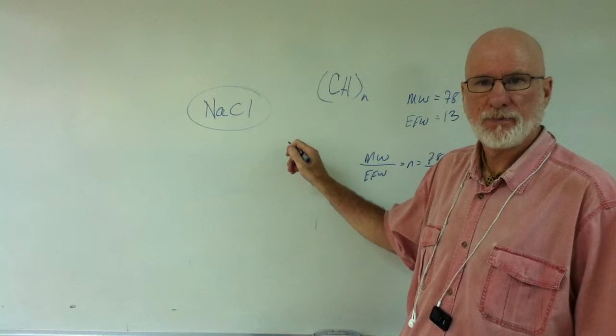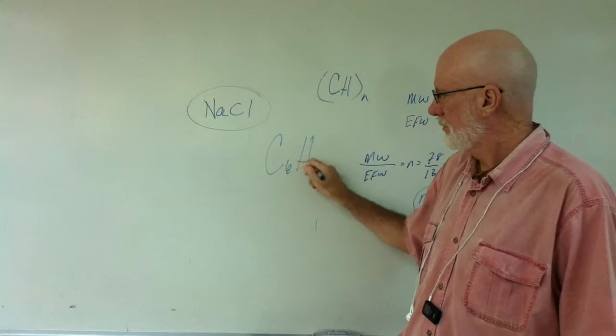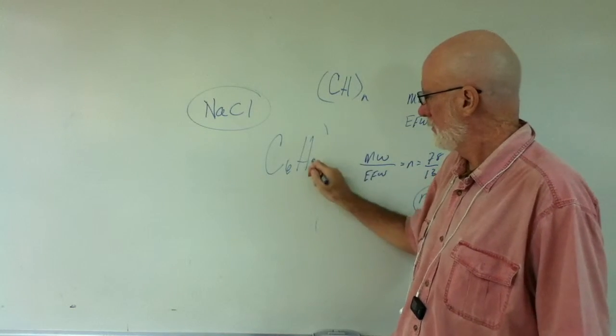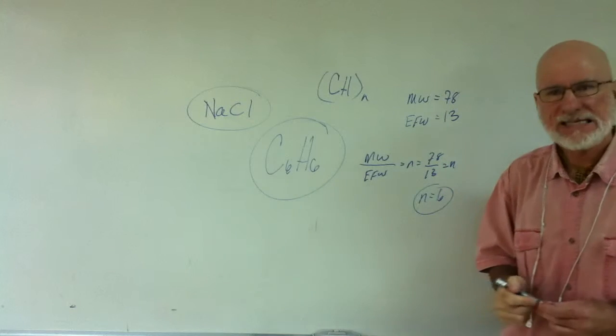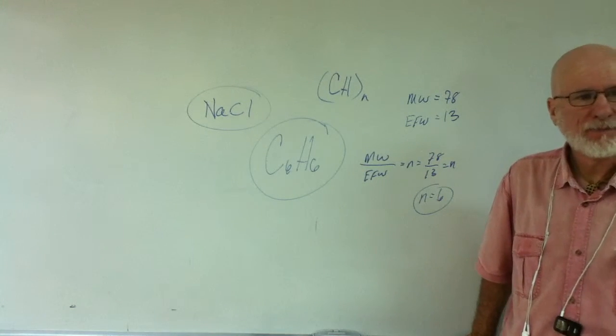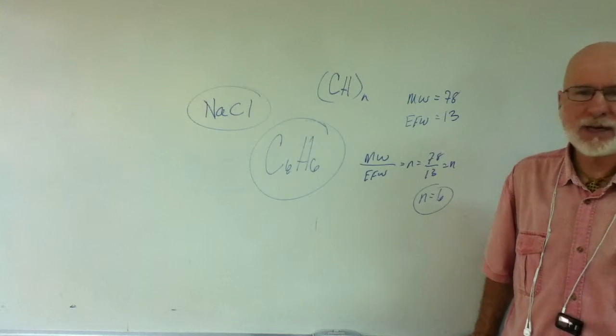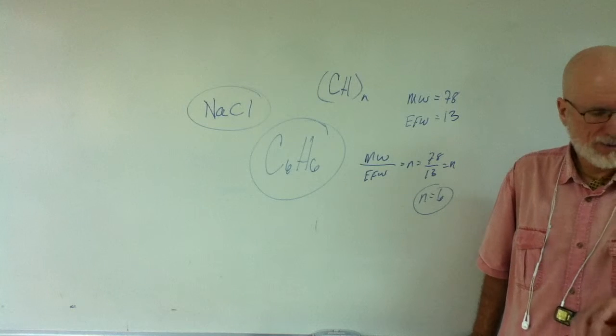C6H6. Benzene. Classic. Is the molecular weight going to be provided, or how do we find it? No, the molecular weight would have to be provided. Okay, I got it.